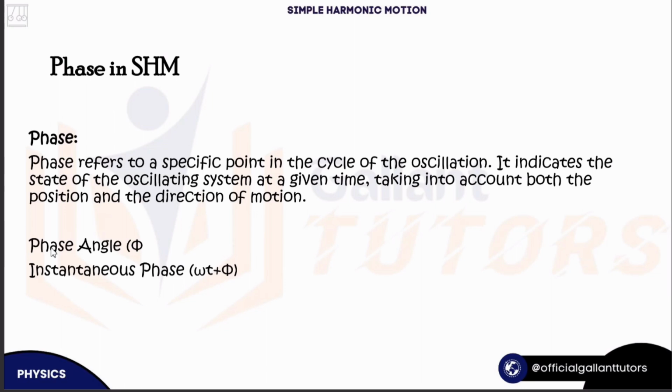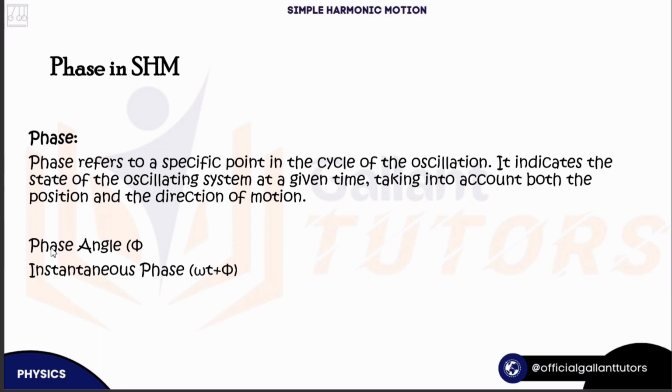It indicates the state of the oscillating system at a given time, taking into account both the position and the direction of motion. I'll come again. The best way to understand this is by using the circumference.